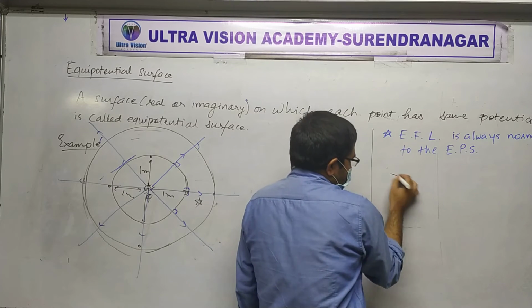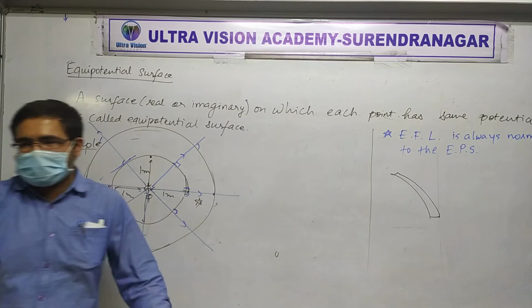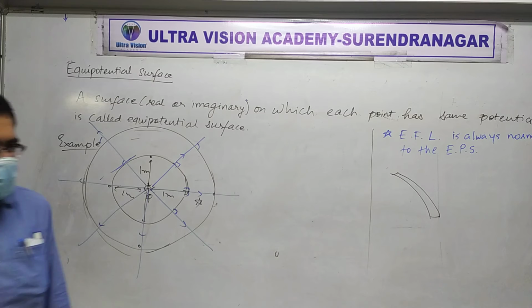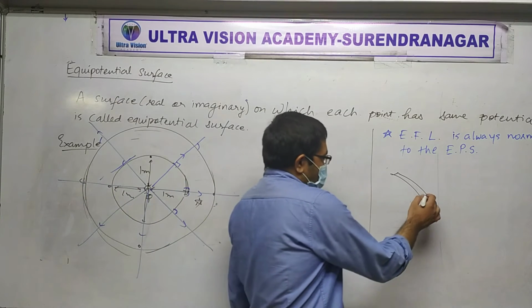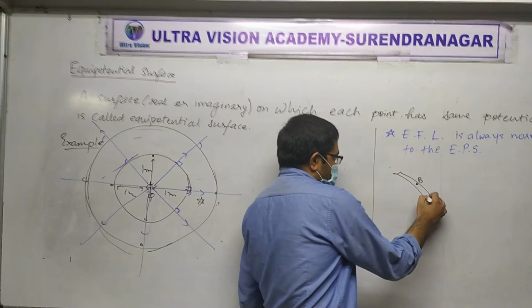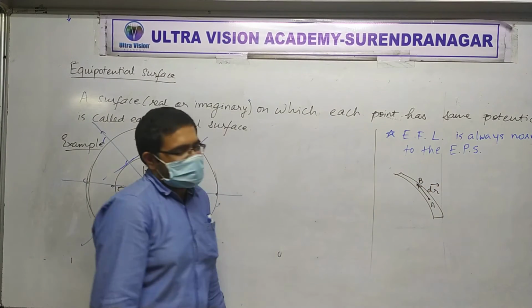Suppose that this is some equipotential surface. I don't know why it's like that, but it's due to some charge. We don't care where the charge is and what it is. If I take 2 points on this equipotential surface which are close to each other, don't go by the diagram, this is an infinitesimal displacement.